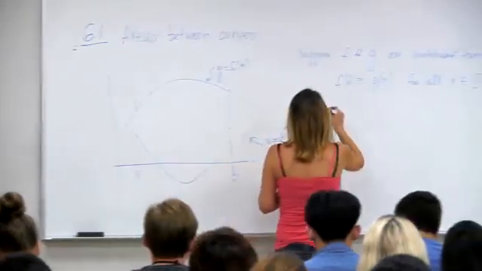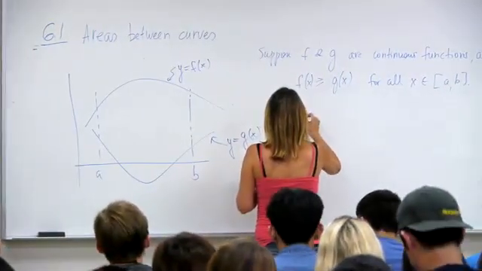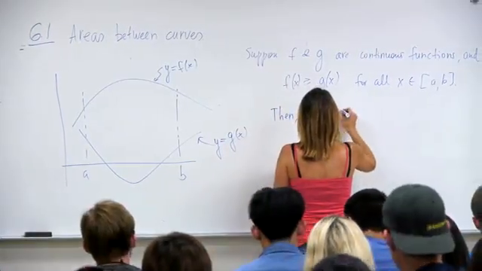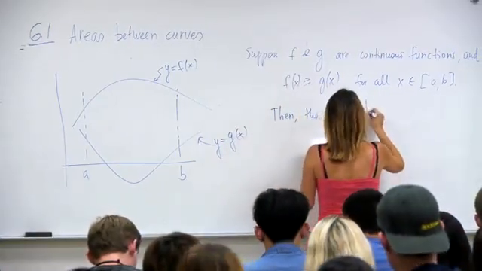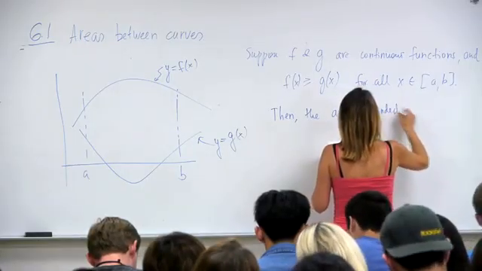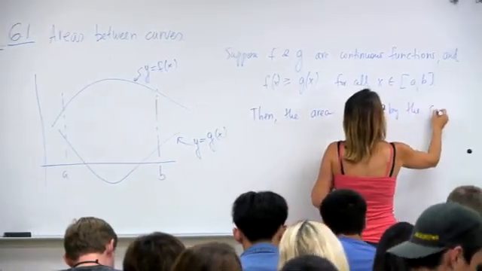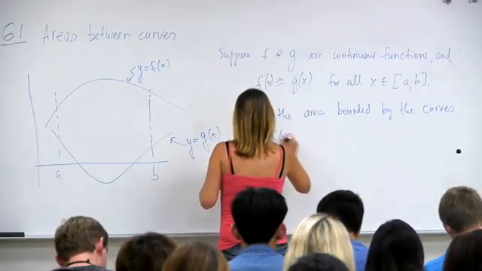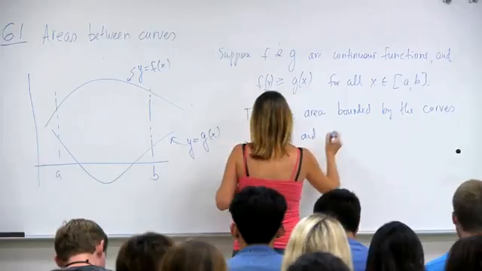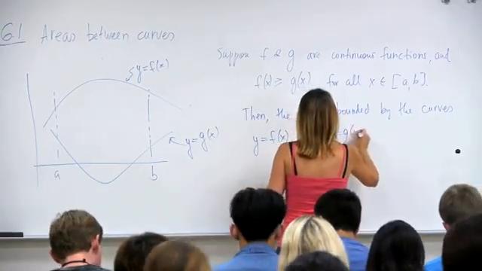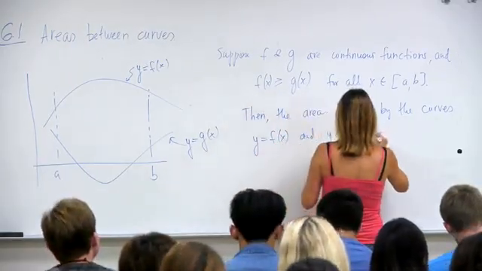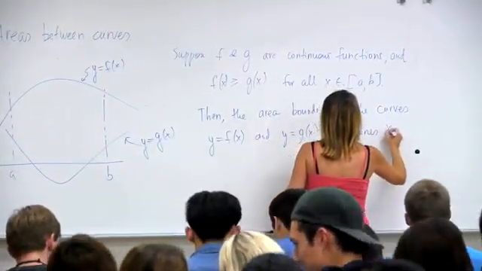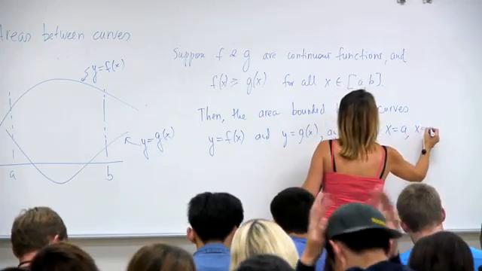Okay. Then the area bounded by the curves f of x and g of x and lines x equals a, x equals b.